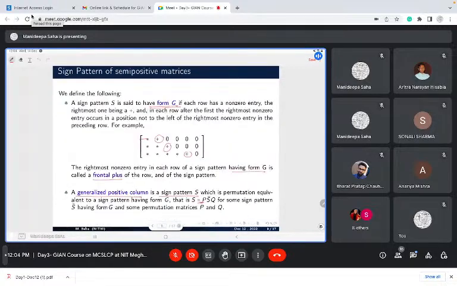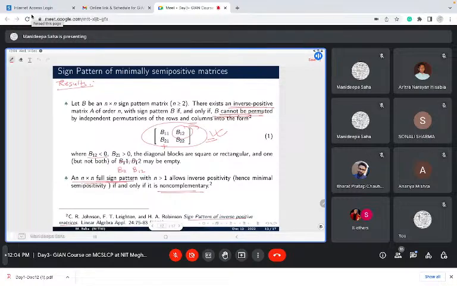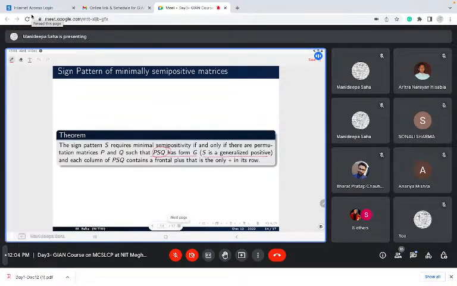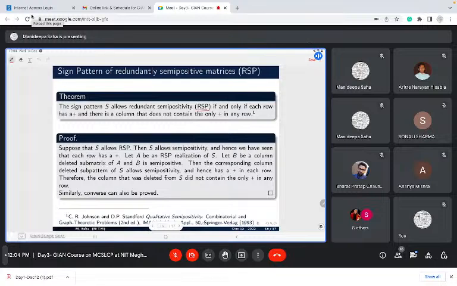Now here it shows that it needs more conditions for this redundant semi-positive. Each row should have a positive, and also we can always find a column that does not contain the only plus in any row.